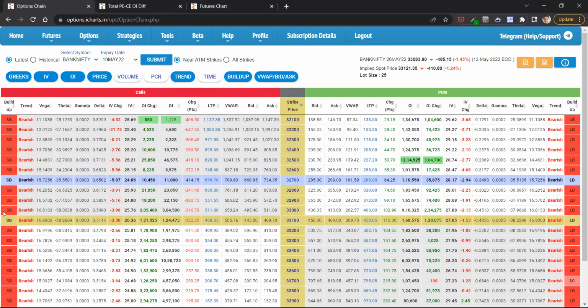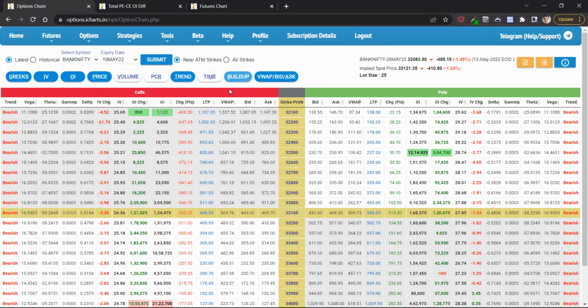Based on buildup on both sides, this trend is interpreted over here. I generally keep this off, but the trend I keep on. Just the strikes near the ATM are more important, so you need to keep an eye on that.